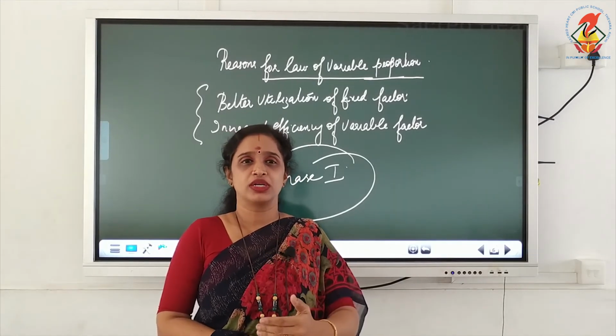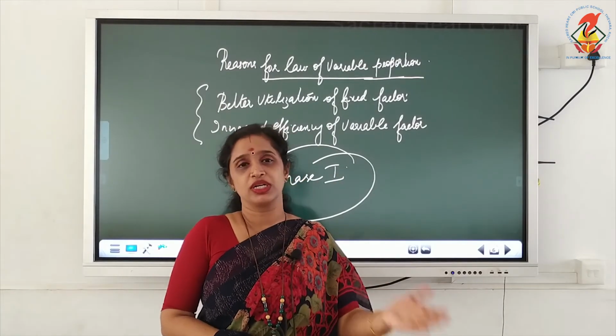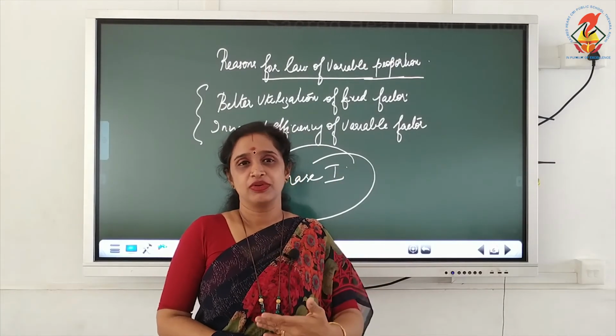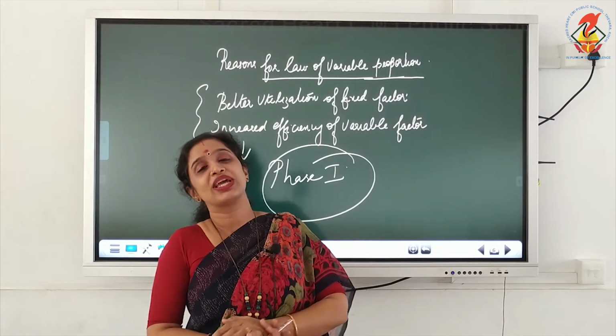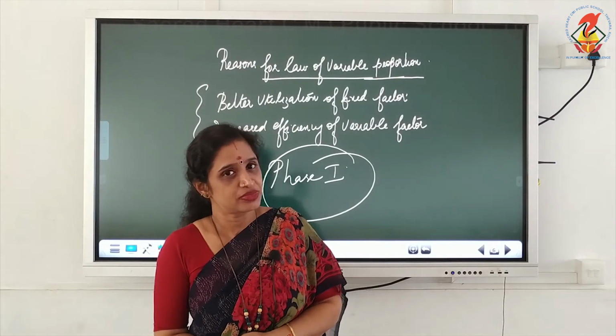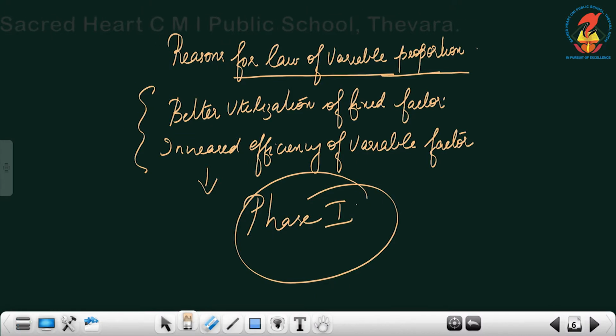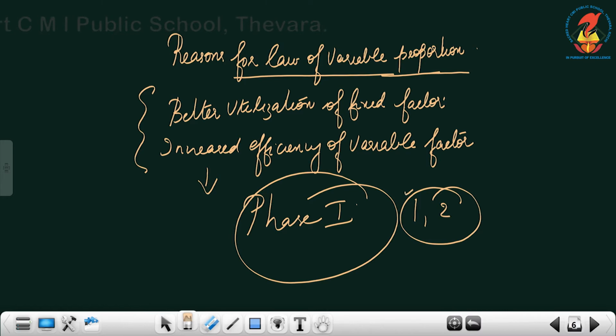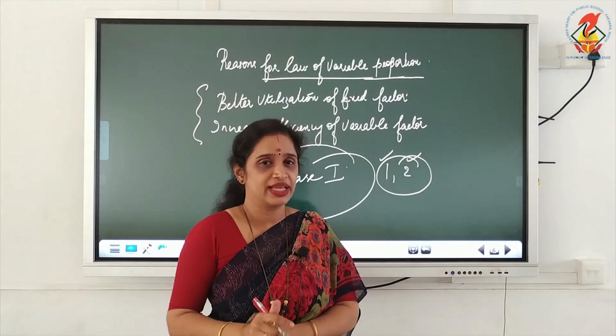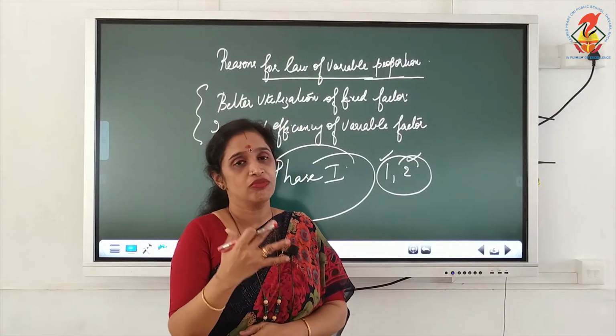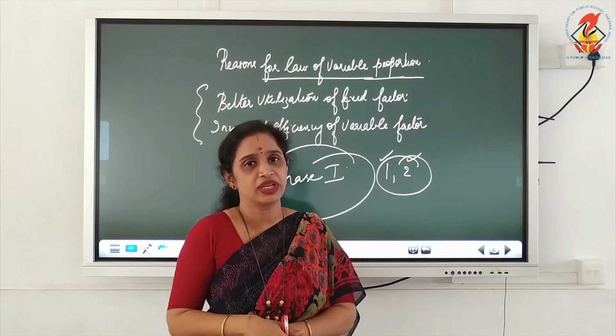So these 2 workers, or in the case of 1 worker, that particular person is comfortable while standing in front of that machine. That work is well defined. So here we are taking the example of 1 labor and 2 labors: 1 labor in front of a machine and 2 labors in front of a machine. They are comfortable and the work is well defined, and they are doing their work efficiently.